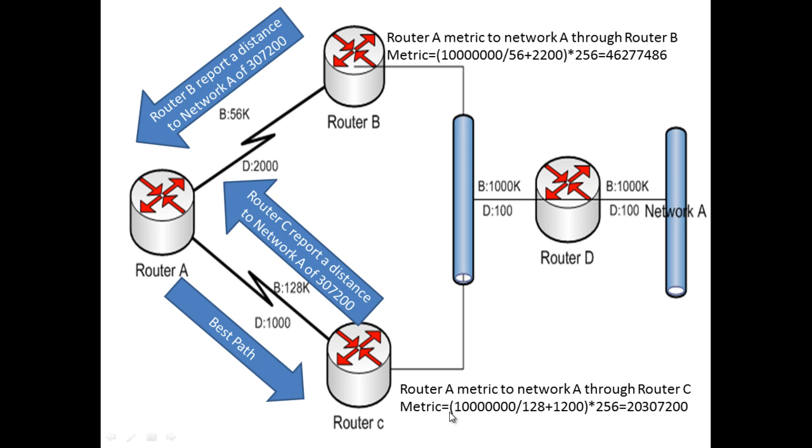We have the 10 million also divided by 128 plus 1200, which is the total delay. Here's 1000, here's 100, and here is 100 also. We can see the total multiplied by 256.